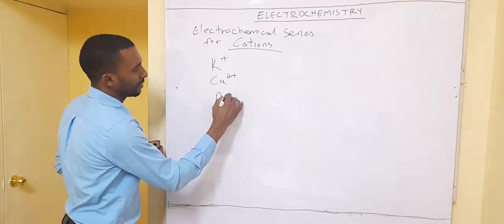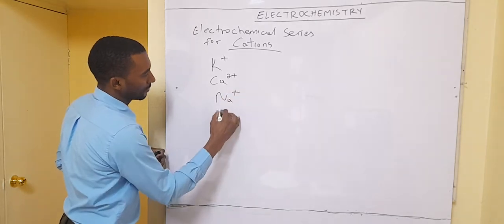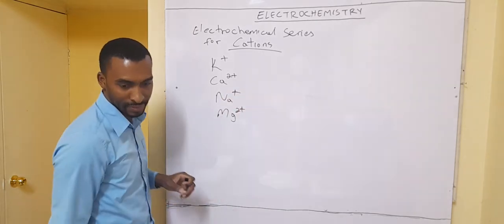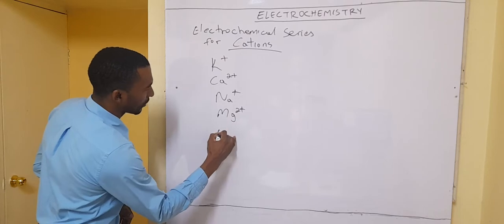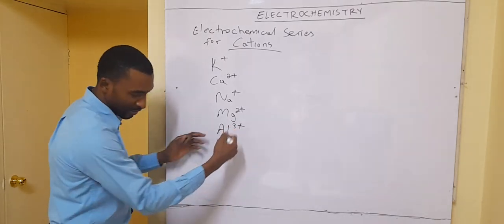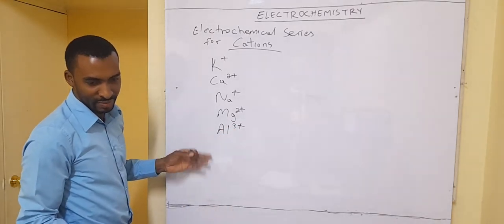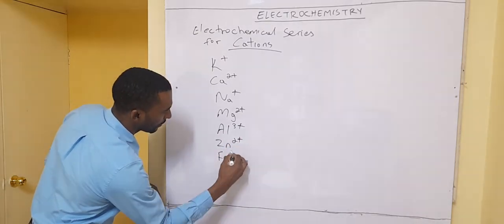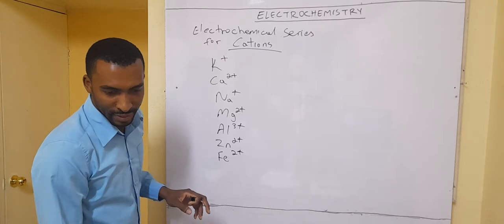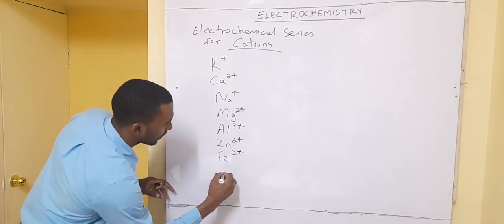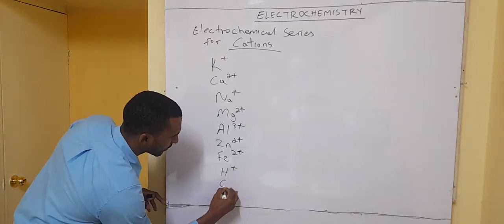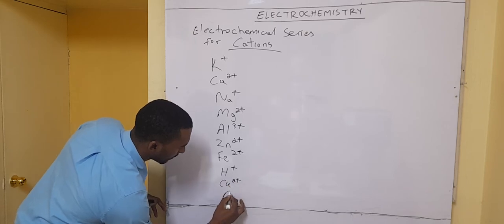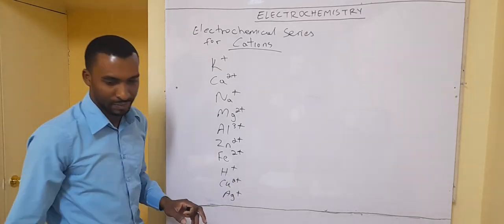So this is going to be sodium, magnesium. Then group 3, and then the transition metals, of course. Transition metals plus hydrogen. So you have Zn2+, Fe2+, then you're going to have hydrogen, copper, and silver.